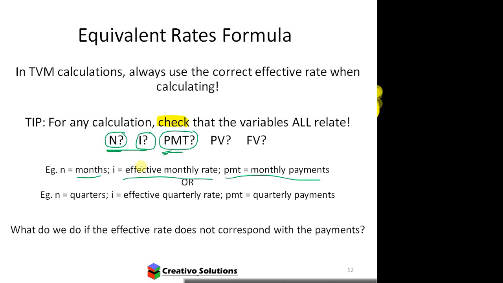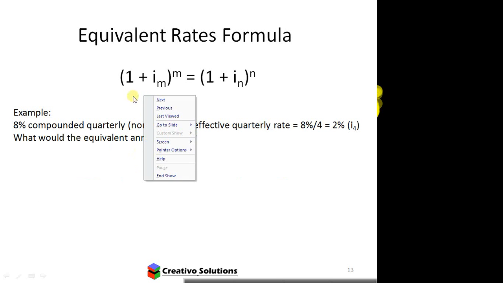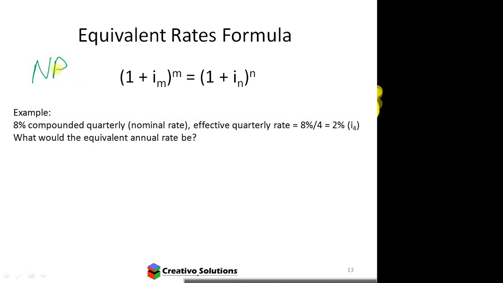So what do we do if the effective rate does not correspond with the payments? We need to do a conversion, and here's the conversion. How do we convert from one rate to another? This is how we do it. If this is given in the question, what type of rate is this? Nominal or effective?